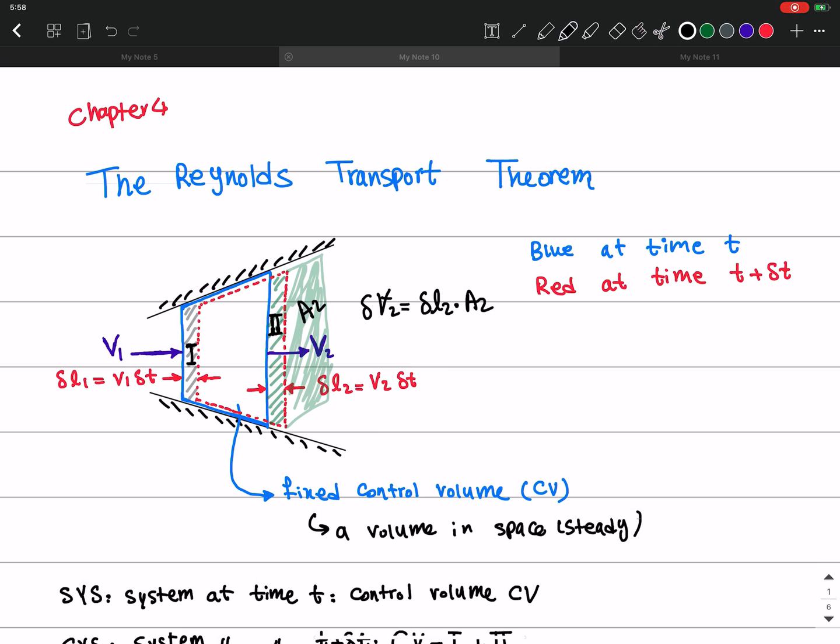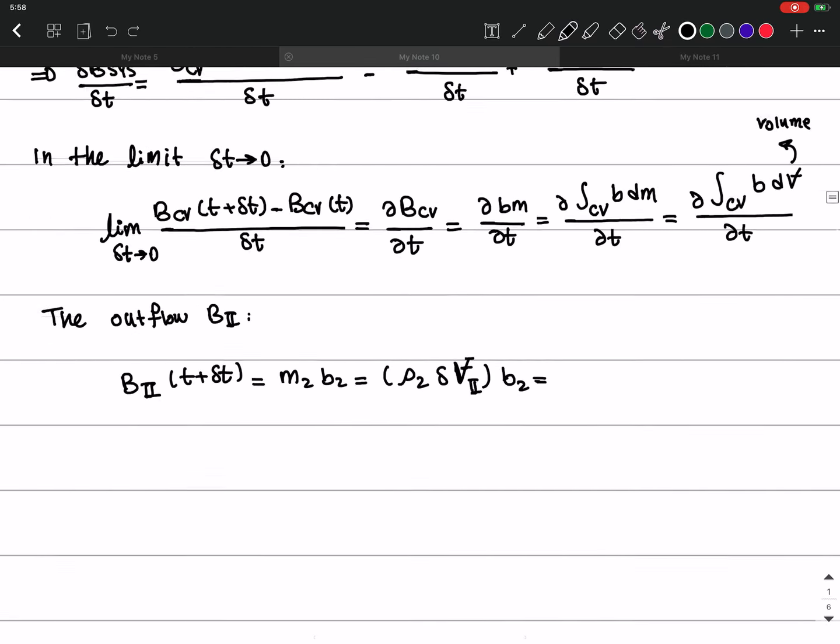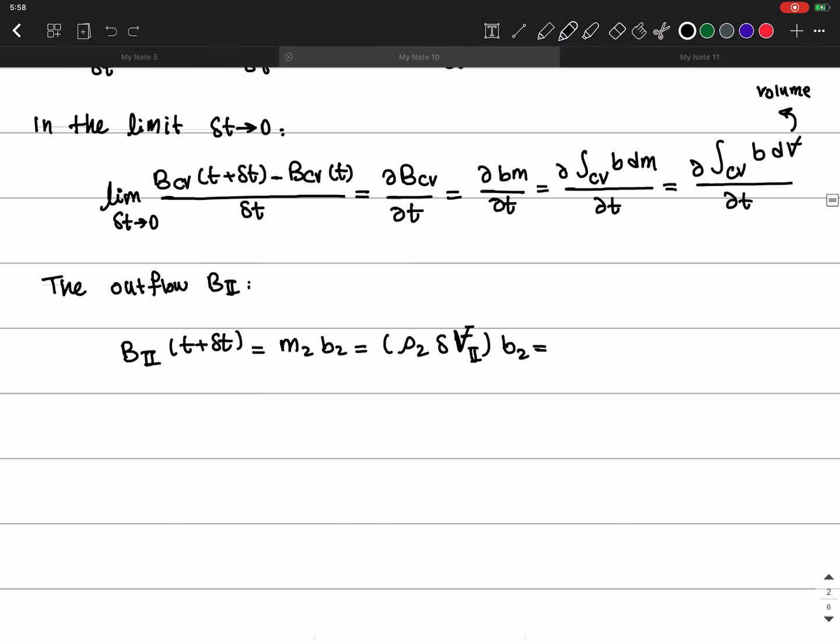This is the volume of the outflow. So instead of delta V, I'm going to write rho 2 delta L2 times A2 times b2.